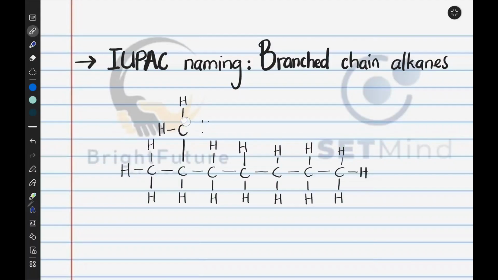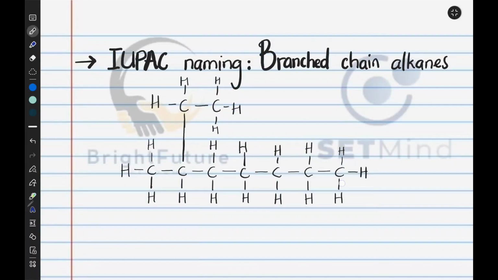Or maybe, let me make it a bit longer, it's bonded to a carbon here, another carbon there, and then we have our hydrogen atoms like this, right?